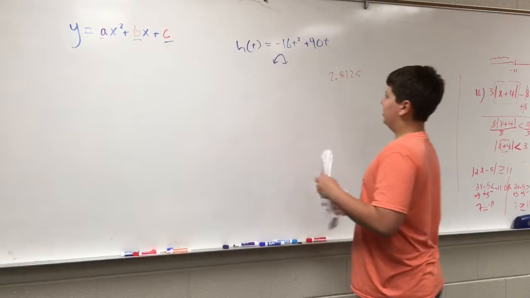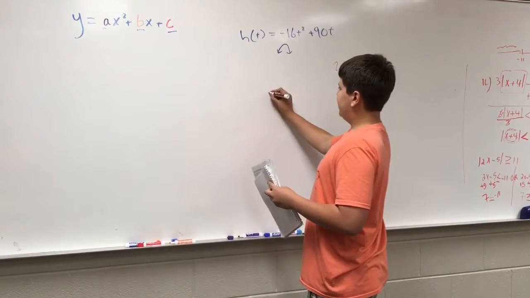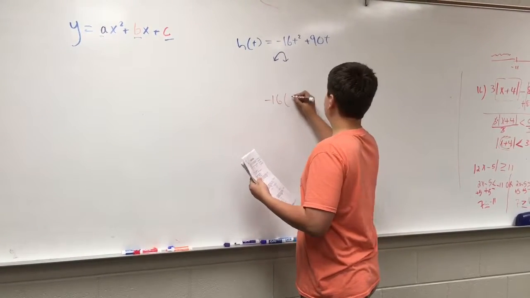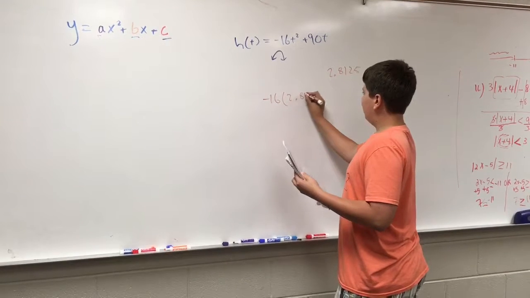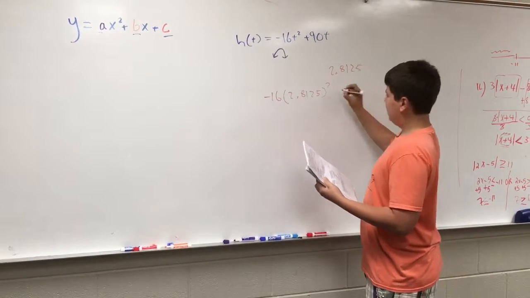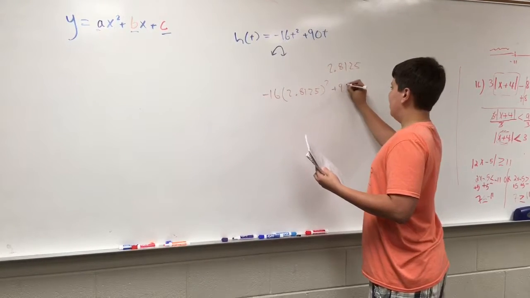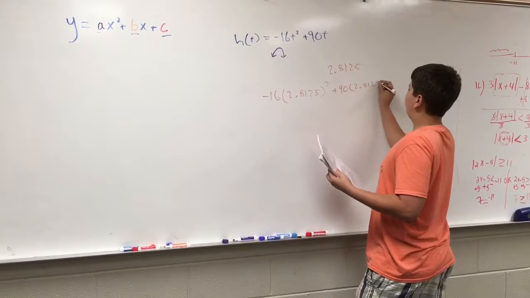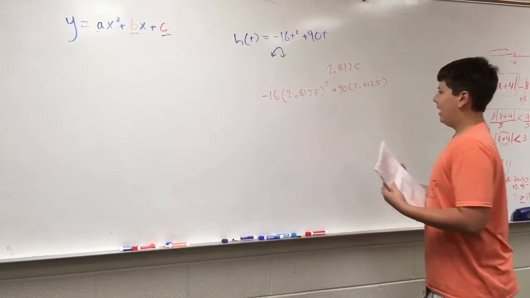So you're going to have negative 16, then substitute the 2.8125 in for t squared, and then plus 90 times 2.8125. Now you're finding out what the y is.